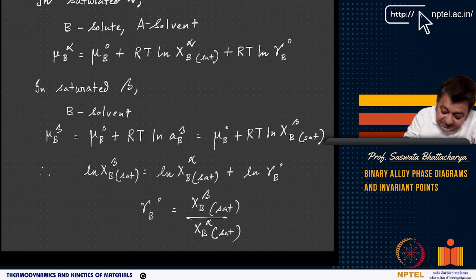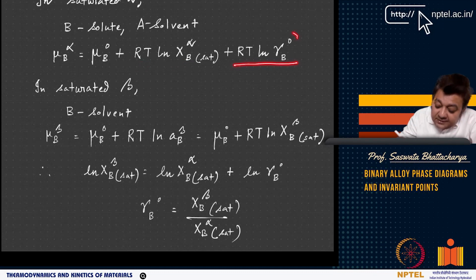In such a case, the chemical potential of B in alpha can be written as mu B0, which is the chemical potential of pure B, or the molar free energy of pure B, plus RT ln aB in alpha. RT ln a is the activity, or you can write this as RT ln XB alpha plus RT ln gamma B0.